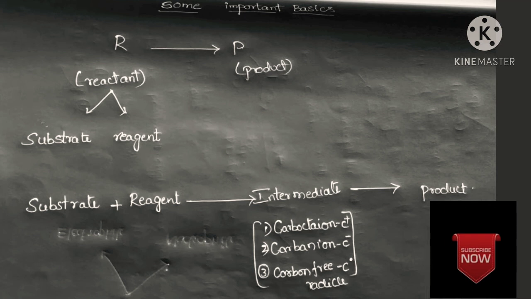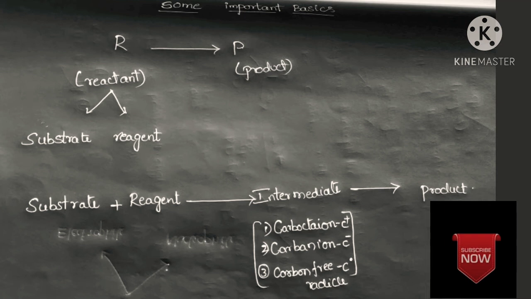Before forming the product, there is an intermediate or transition state. The substrate and reagent react together to form an intermediate and then the product.